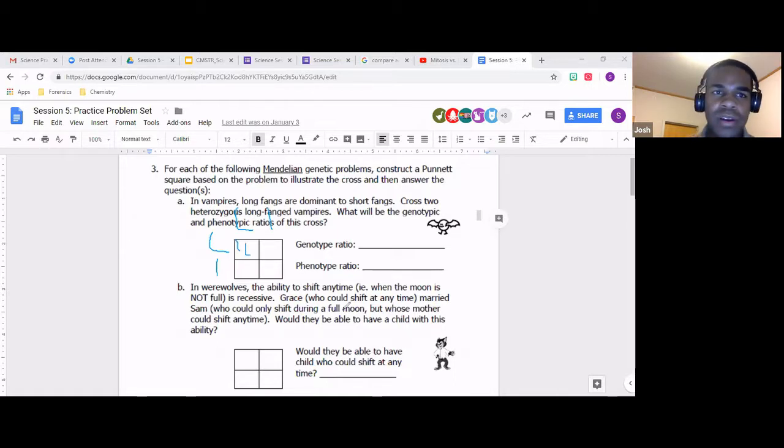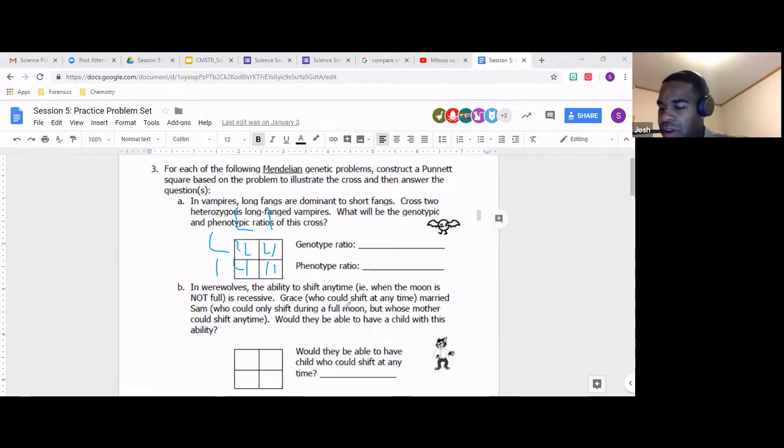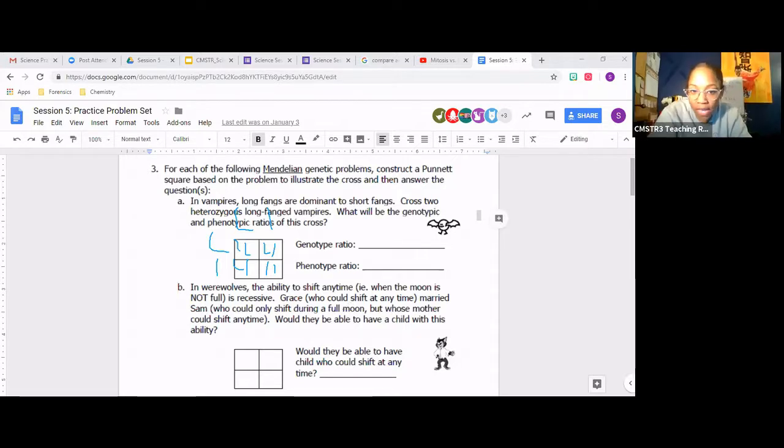So its phenotype would be 75% long fangs. Yep. And I guess you put 25%. Well, no, wouldn't it be 100% long fangs? No, because the last little baby would have two little L's, so that last one would have short fangs.